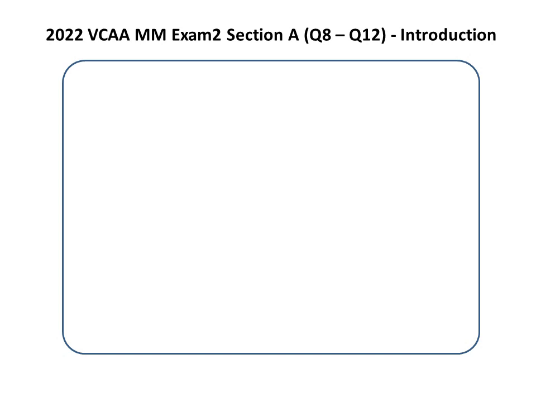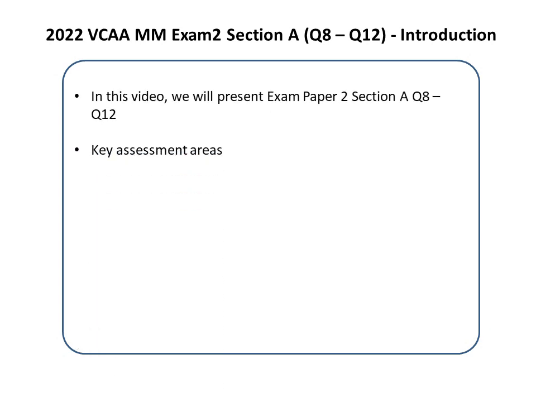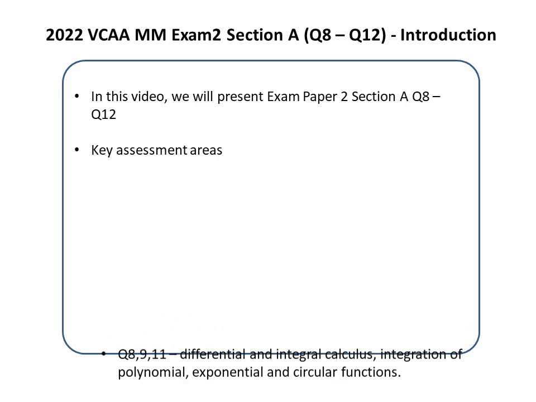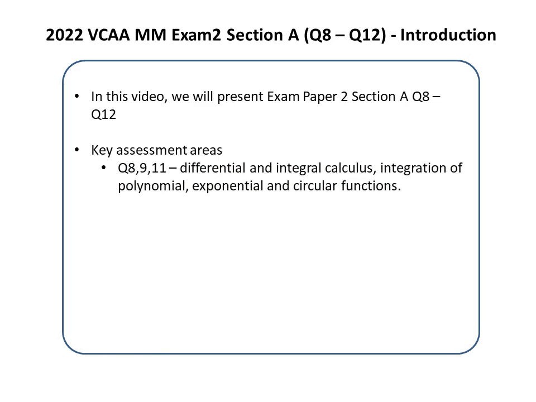In this video, we will solve exam paper 2, section A, questions 8 to 12. Questions 8, 9, and 11 are related to differential and integral calculus. Students should get familiar with how to integrate polynomial functions, exponential functions, as well as circular functions.